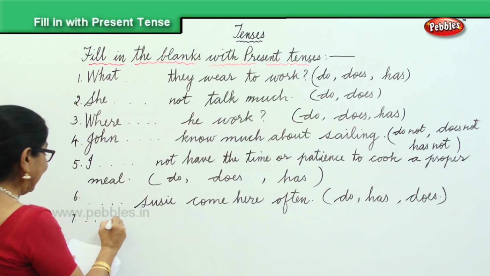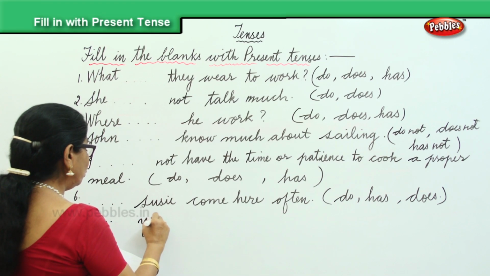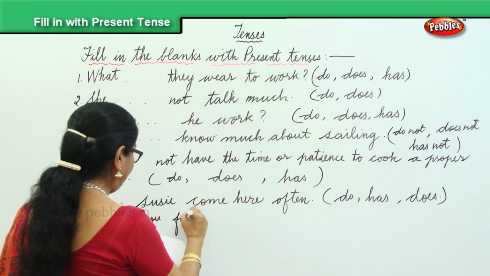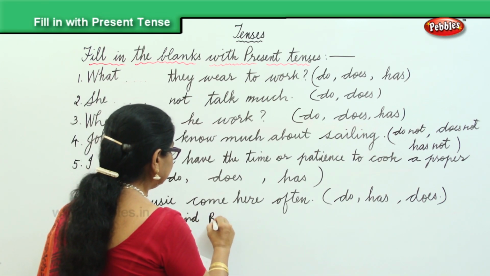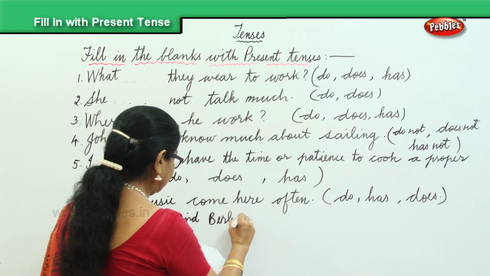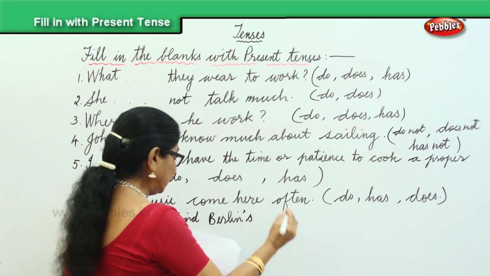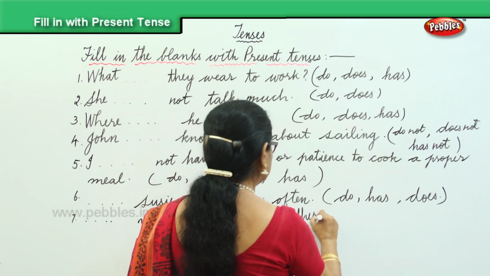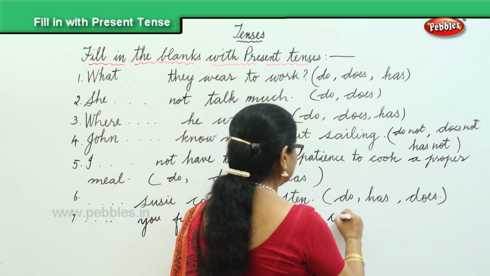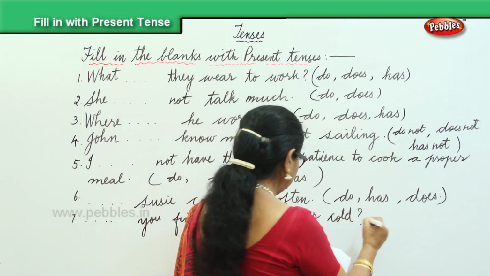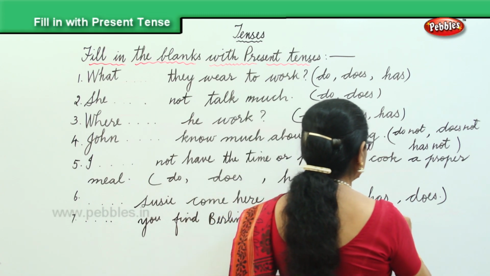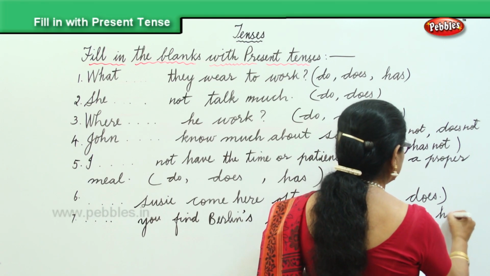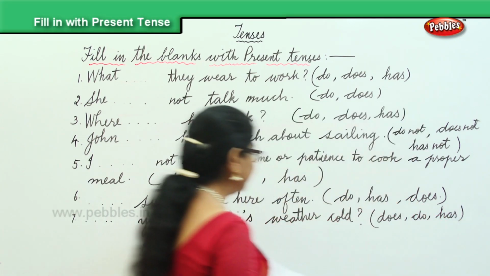Seventh one, dash you find Berlin's weather cold? Does, do, and has. 3 verbs given to you.